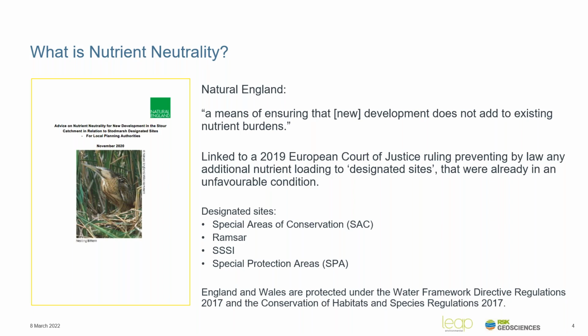The designated sites can include special areas of conservation, Ramsar sites, SSSIs, special protection areas, or a combination of the above. In England and Wales, they're protected under the Water Framework Directive Regulations 2017 and the Conservation of Habitats and Species Regulations 2017.